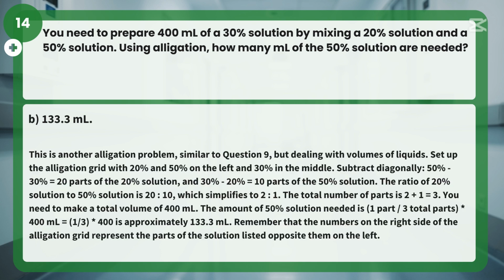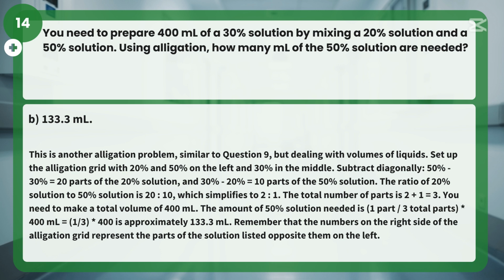Answer B. 133.3 milliliters. This is another alligation problem, similar to question 9, but dealing with volumes of liquids. Set up the alligation grid with 20% and 50% on the left and 30% in the middle. Subtract diagonally, 50% to 30% equals 20 parts of the 20% solution, and 30% to 20% equals 10 parts of the 50% solution. The ratio of 20% solution to 50% solution is 20:10, which simplifies to 2:1.